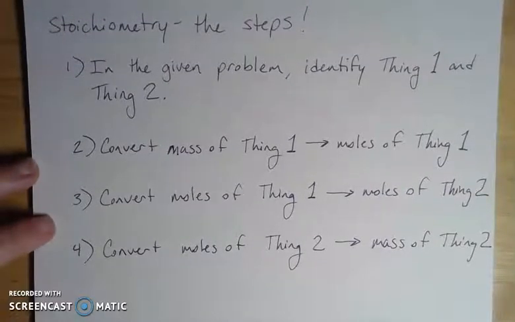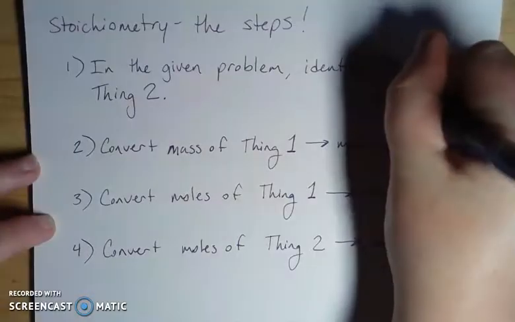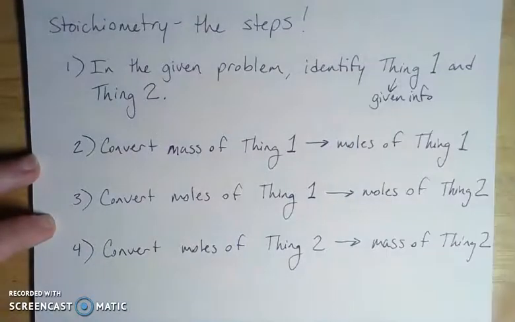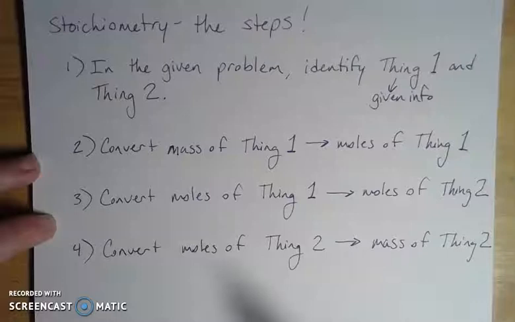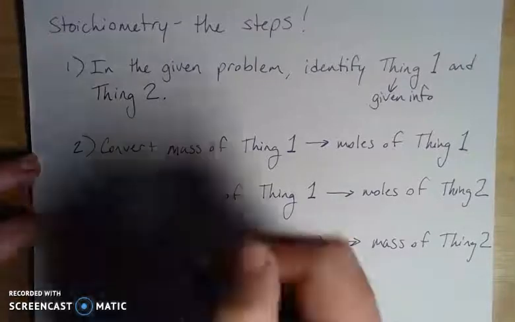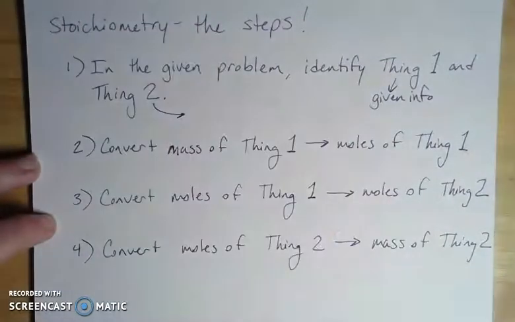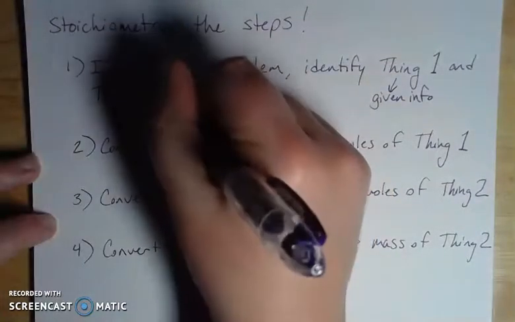So thing 1 is the thing that you are given information about. In the problem, you have some information about how much of thing 1 you have. So you need to figure out which species in your chemical reaction is thing 1. And then thing 2 is going to be the thing that the question is asking about.